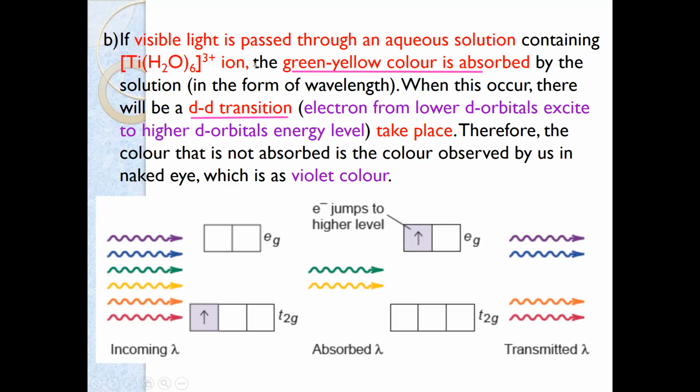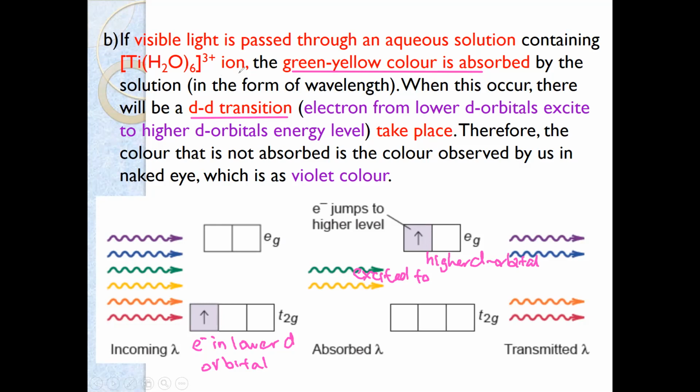The term d-d transition means that a d electron moves from the lower d orbital to a higher d orbital. So you claim that as a d-d transition.